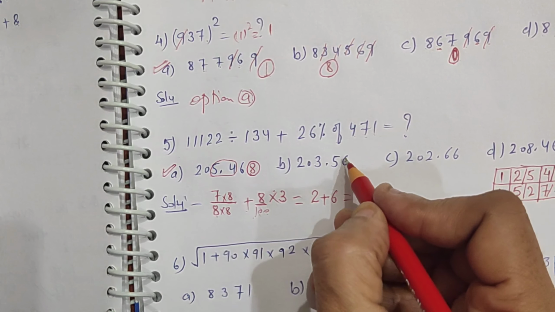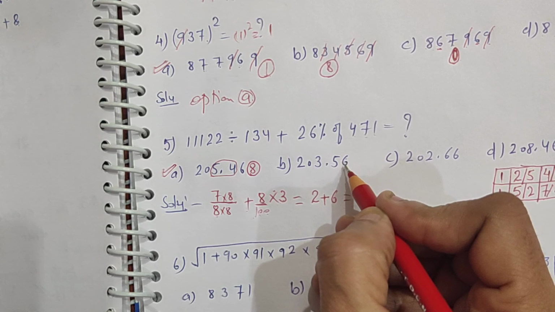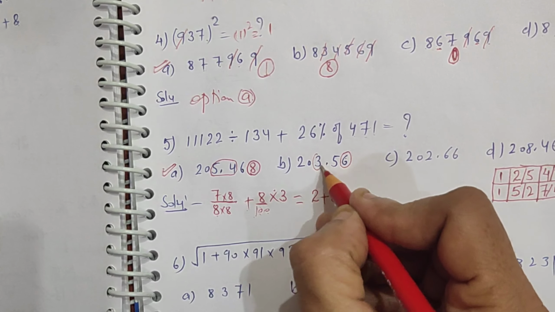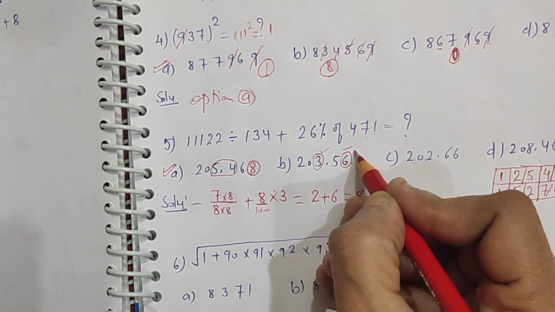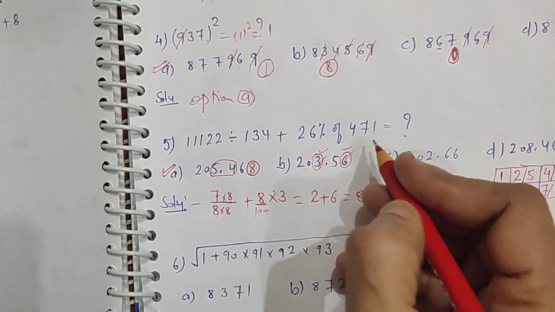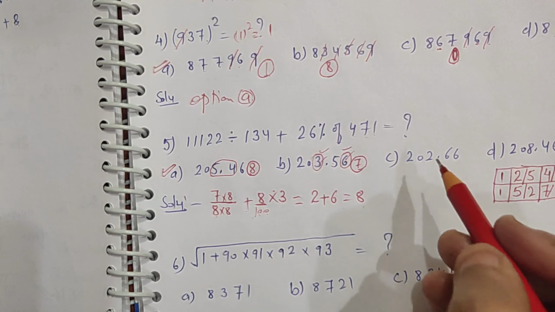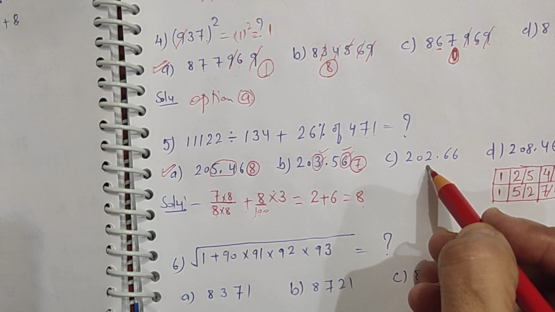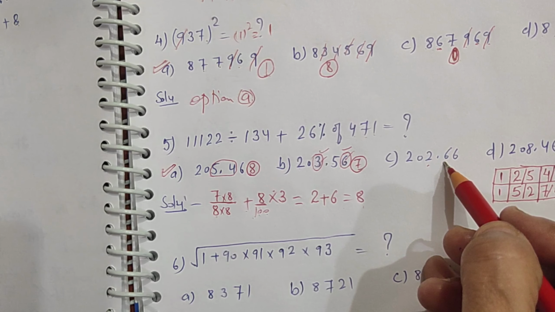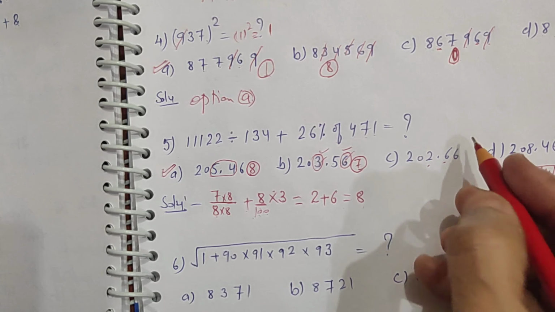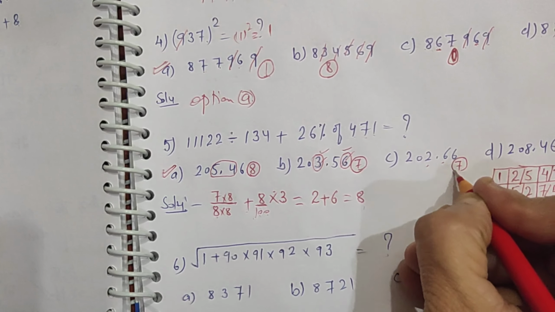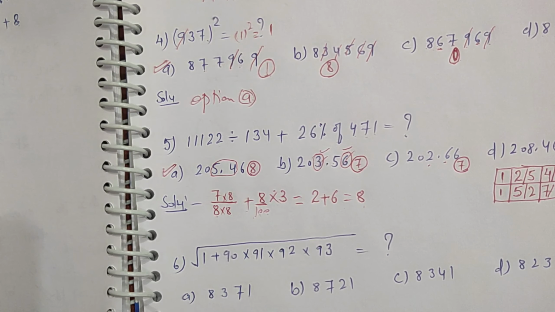Next, 6 plus 3. It will make 9. So, cancel it. 5 plus 2 is 7 digit sum. Now, again, 2 plus 2, 4. 4 plus 6 is 10. Right? 10 means 1. So, 1 plus 6, again 7. Right?